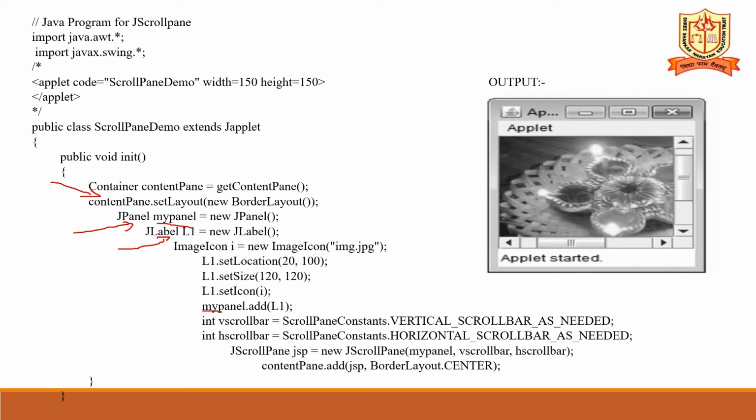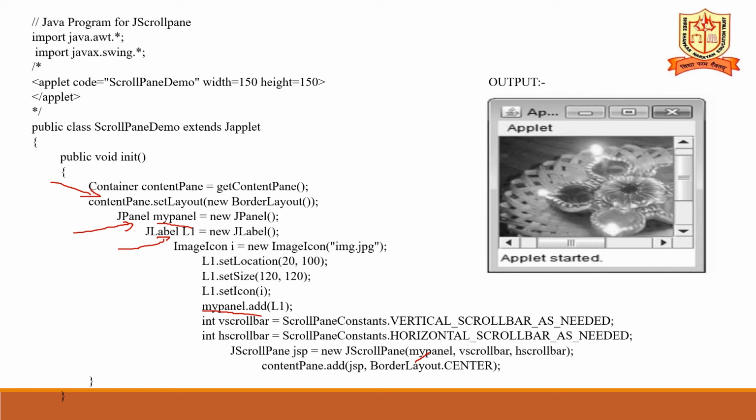to the panel. Whichever the components you want to add to the panel, you create the object of that component first and add the component to the panel. Once you add the component to the panel, you have to add this panel to the scroll pane. See here, my panel.